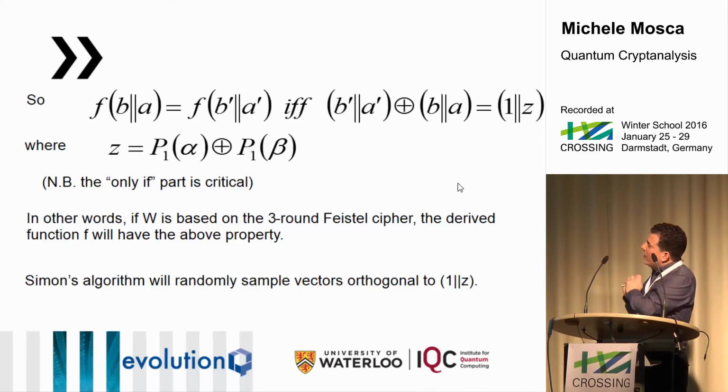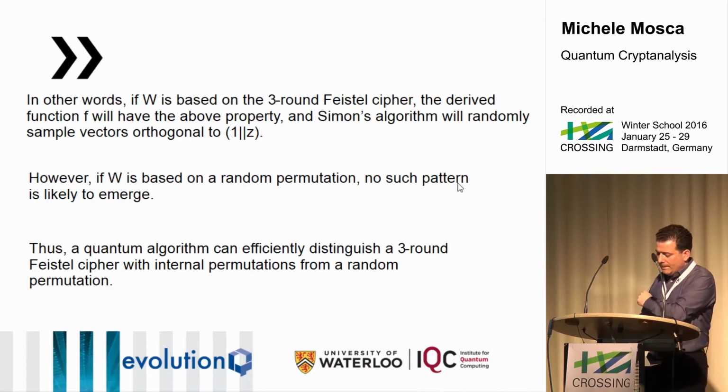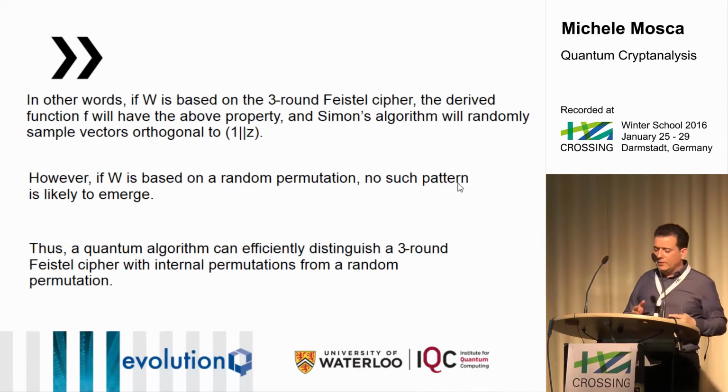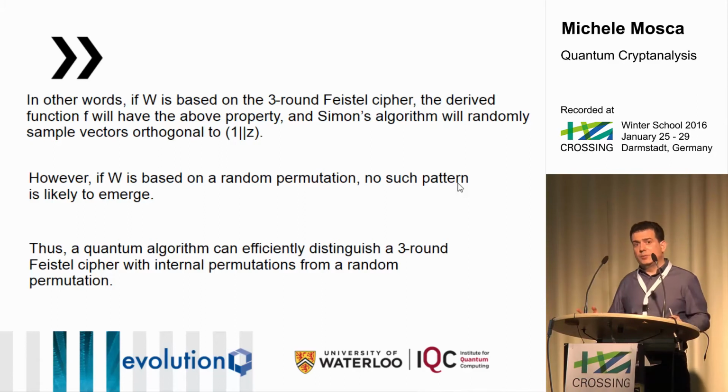So if it is the 3-round Feistel cipher with that permutation, it'll have the Simon property. So Simon's algorithm will always output vectors orthogonal to that fixed string, in which case you'll find that fixed string. However, if W is in fact just based on a random permutation, there's no such pattern, and it's exponentially unlikely that you'll pass this test.